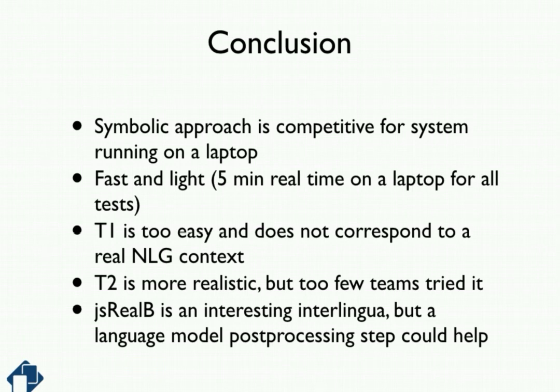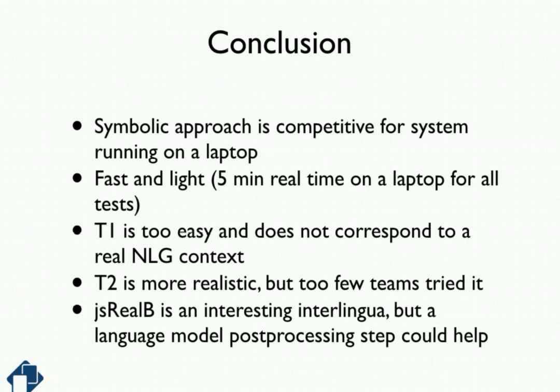But what we can also see is that T1 is, in my opinion, too easy as a task, and also it does not correspond to a real NLG task, because I can't imagine an NLG system that would generate all the tokens but in the bad order.